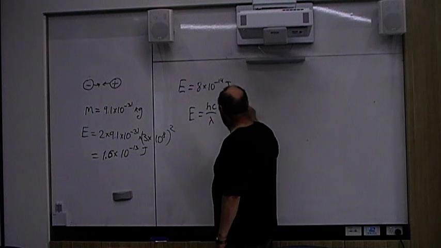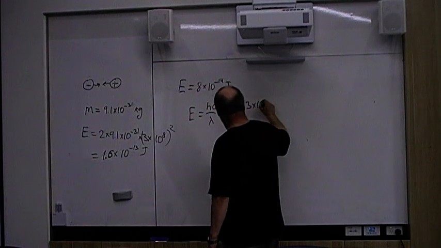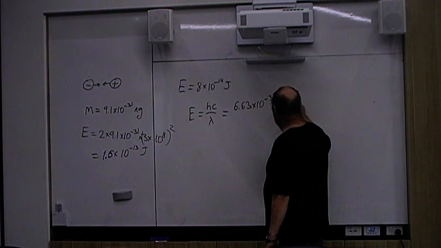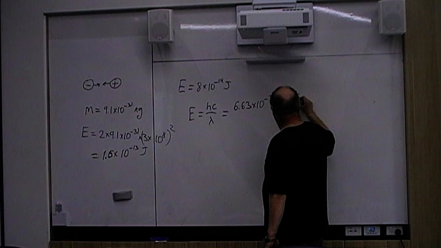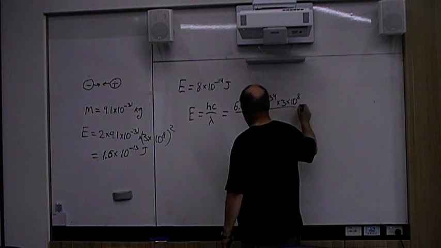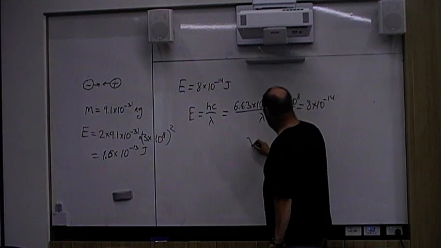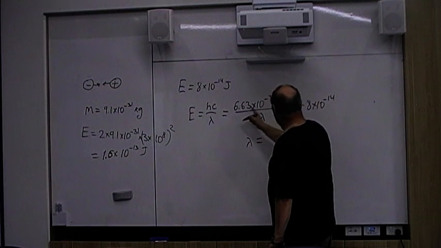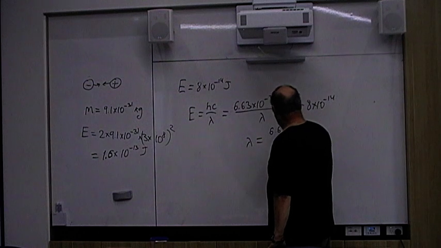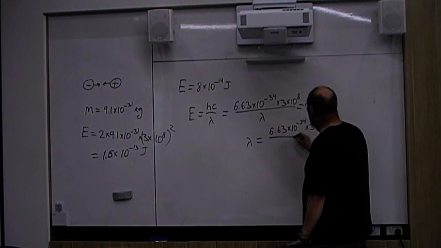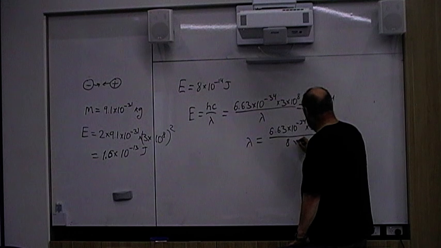So we have 6.63 times 10 to the negative 34 times 3 times 10 to the power of 8 over wavelength, and that's equal to 8 times 10 to the negative 14.